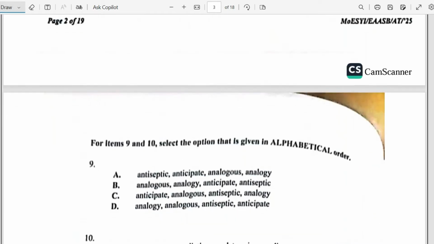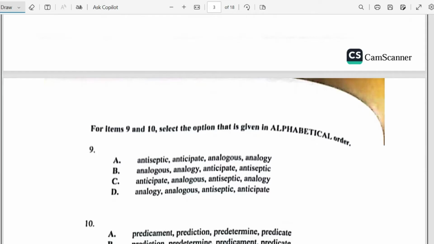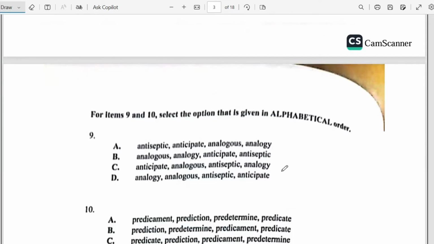For items 9 and 10, select the option that is given in alphabetical order. All right, let's look at number 9. Both of these are analog and analog.